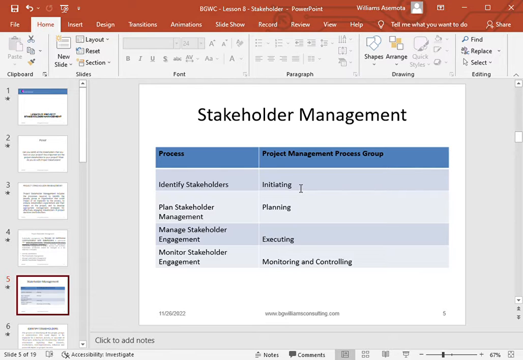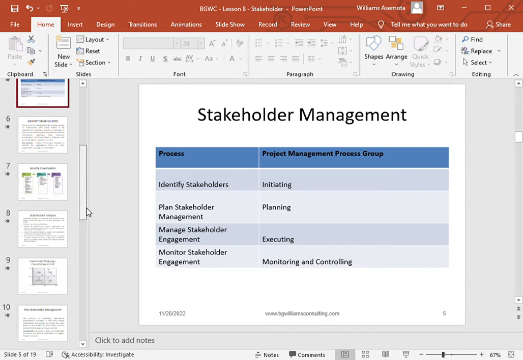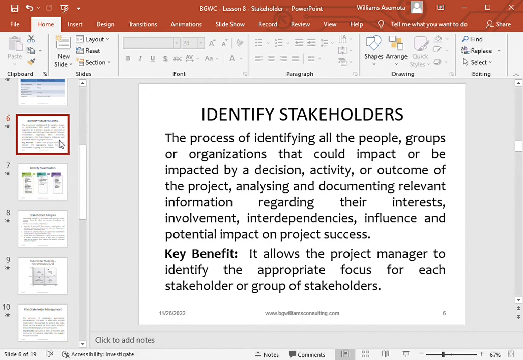The second thing you must do at the beginning stage is to identify all your key stakeholders. Then plan stakeholder management is done during the planning stage. Manage stakeholder engagement is done during executing. Monitoring stakeholder engagement is done during monitoring and controlling. So let's quickly look at them one after the other for proper understanding.